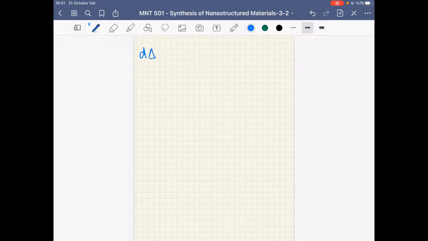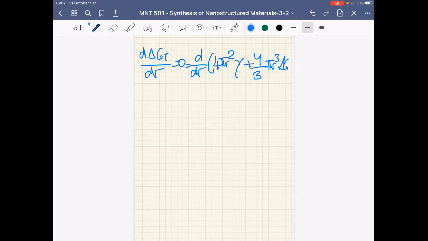So we're trying to do delta G T over dr is equal to 0, and that means d over dr of 4 pi r squared plus my volume term, the GV.